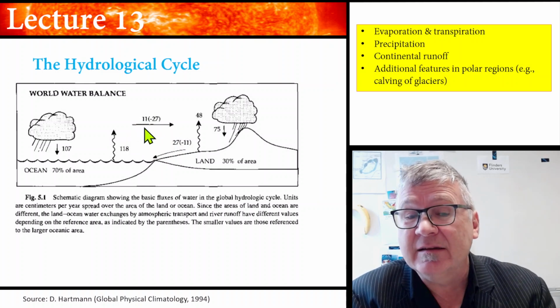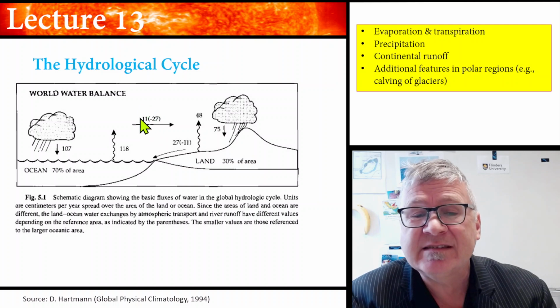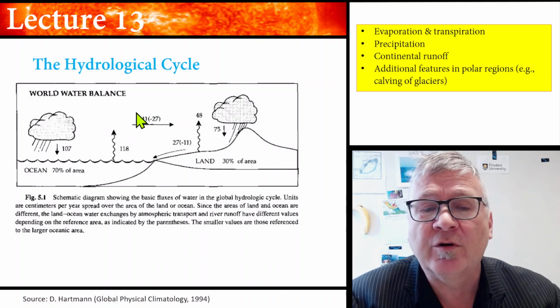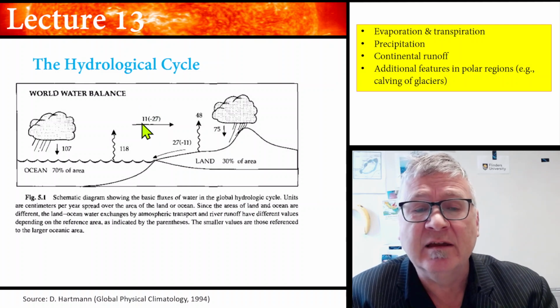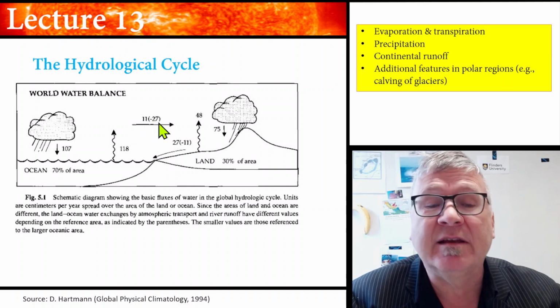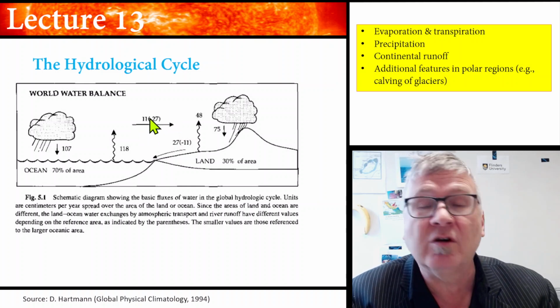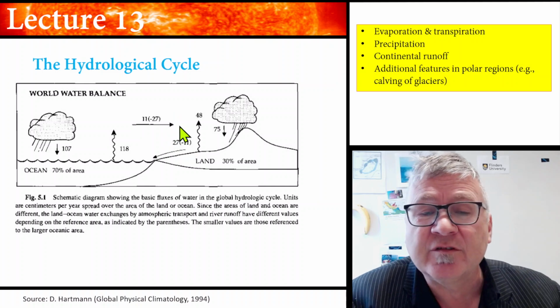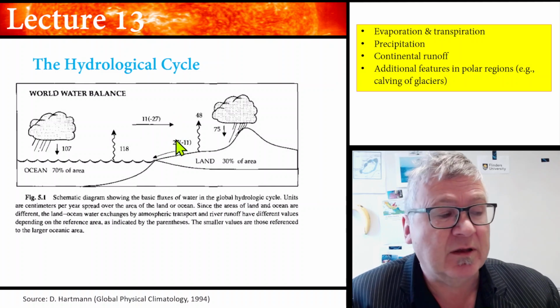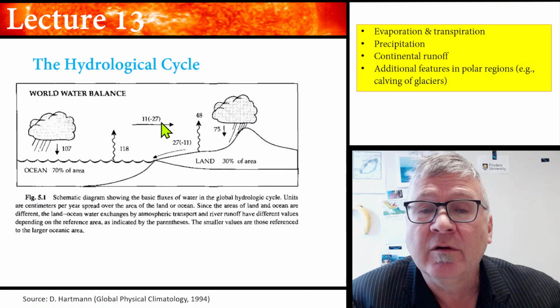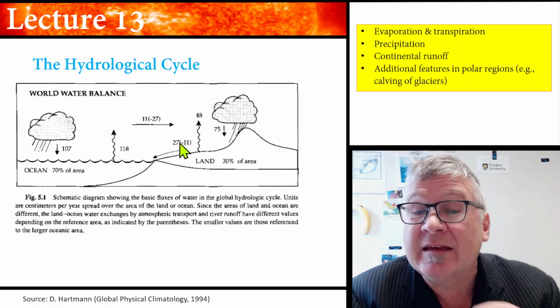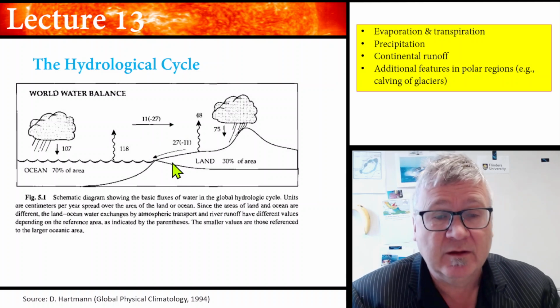So it's a gain of 11 centimeters if you distribute the water over the surface area of the land. But it's a minus 27 centimeter loss relative to the surface of the ocean. And similarly, the continental runoff is expressed in the same way, in case you're confused about this.